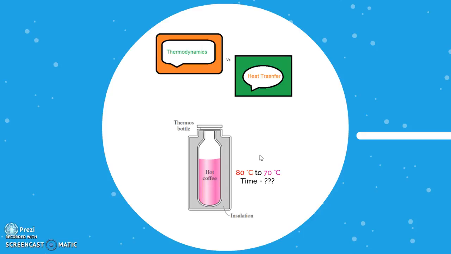And thermodynamics deals with only the energy transfer either from one system to another system or from a system to the surroundings. It will not tell you in what way the energy is being transferred from one medium to another. But heat transfer will tell you in what way the energy is getting transferred, which is nothing but the different modes of heat transfer, known as conduction, convection and radiation.